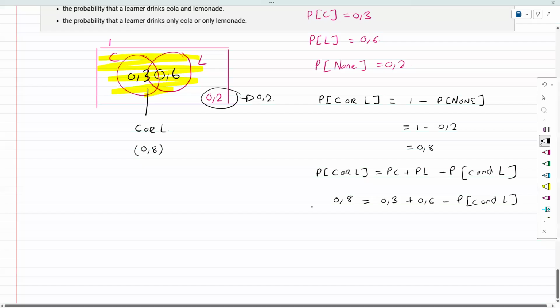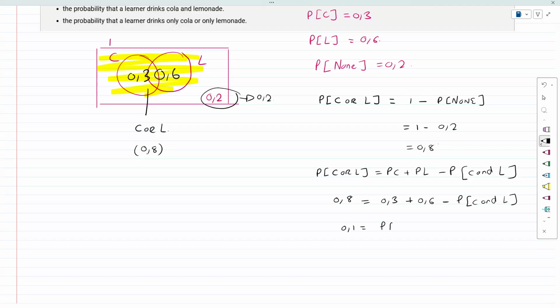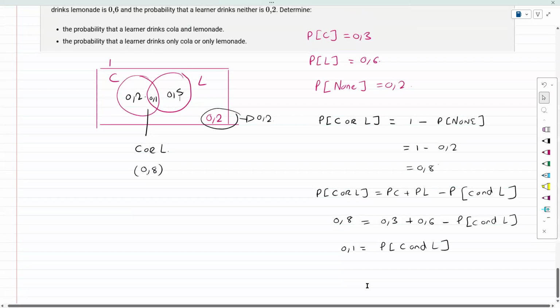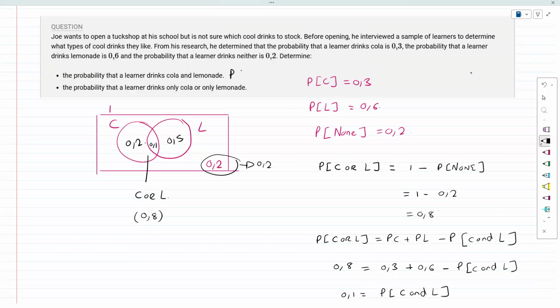If we solve this, this is basic algebra, guys. 0.1 equals the probability of both. Then 0.3 minus 0.1 is 0.2, and 0.6 minus 0.1 is 0.5. So we just got the values. I don't think they asked us for it, but it makes it easier for me to look at stuff. So the probability of cola and lemonade equals 10%.